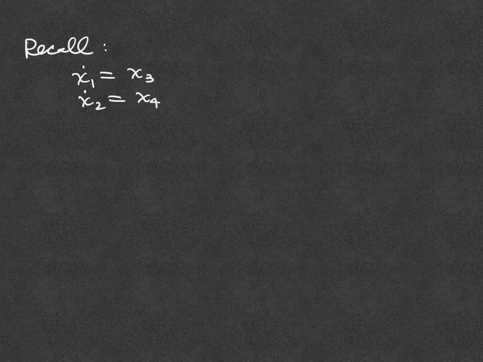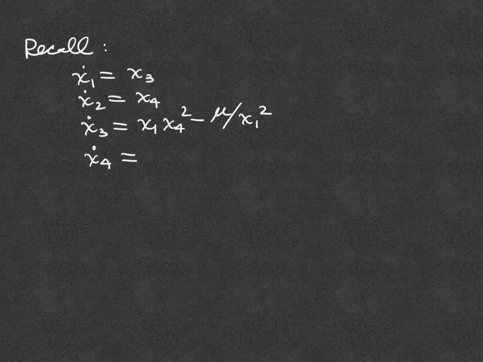So recall, we have x1 dot equals x3, x2 dot equals x4, x3 dot equals x1 x4 squared minus mu over x1 squared, and x4 dot is equal to minus 2 x3 x4 all divided by x1.